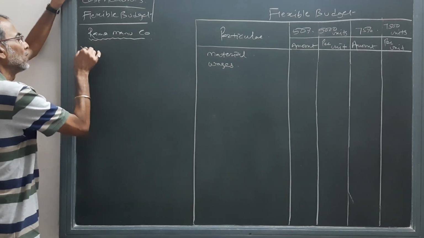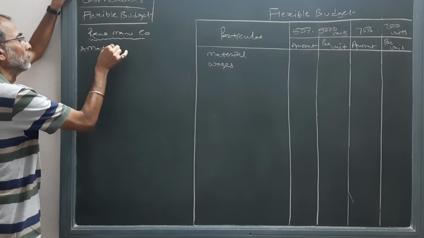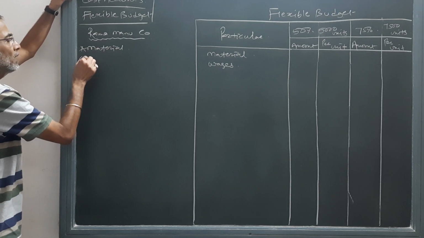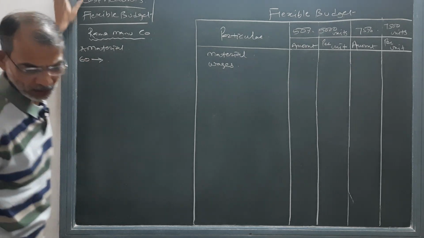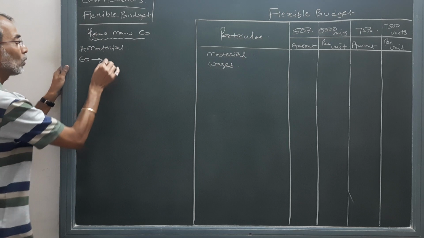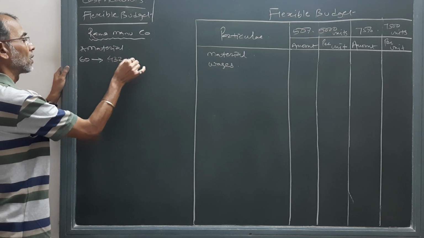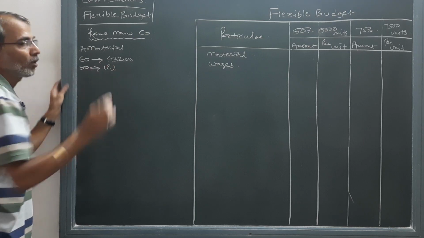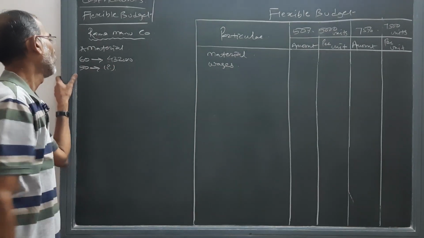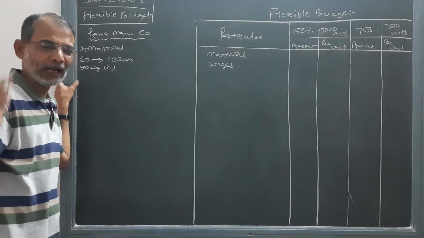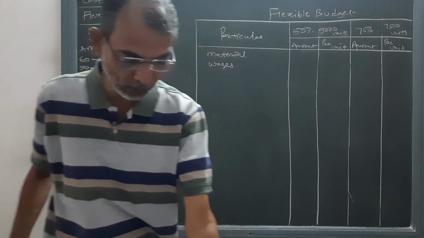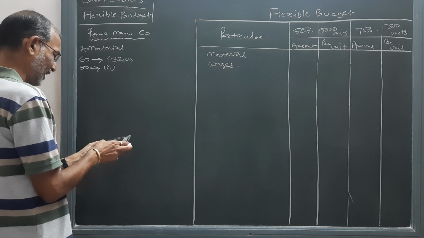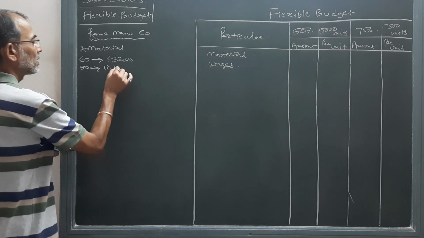For material, at 60% it is 4,32,000. So at 50% what will be the amount? That means 432 into 5 divided by 6 will simply give the amount of material. 4,32,000 divided by 6 into 5, that is 360.